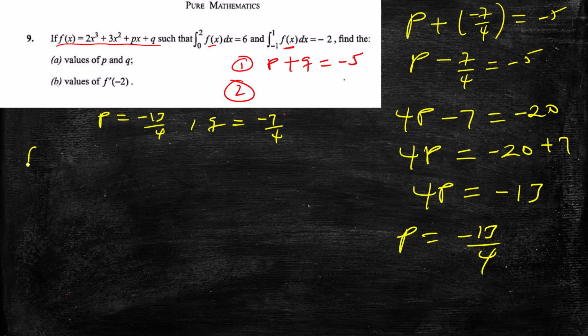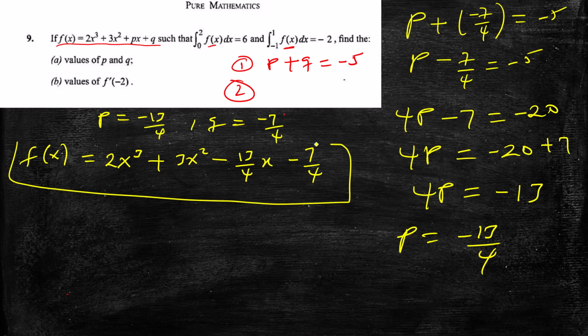So we have f(x) as 2x cubed plus 3x squared minus 13 over 4 x minus 7 over 4.